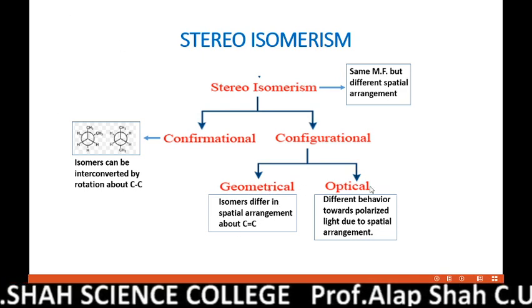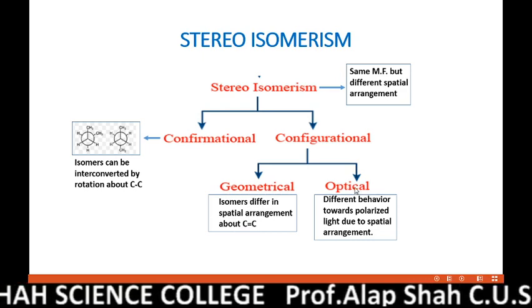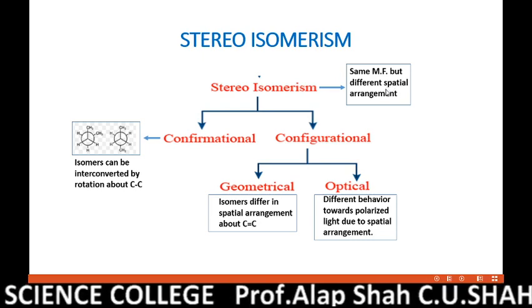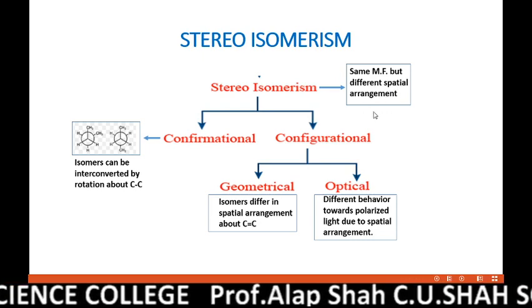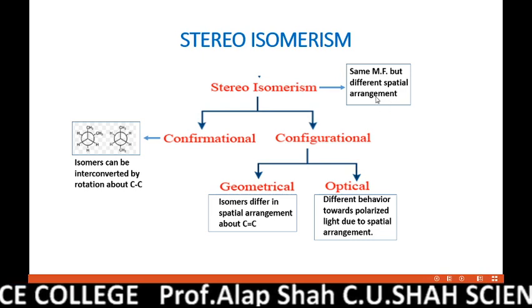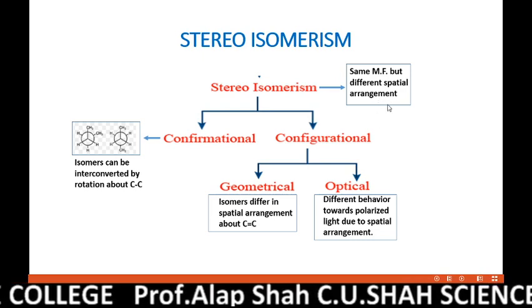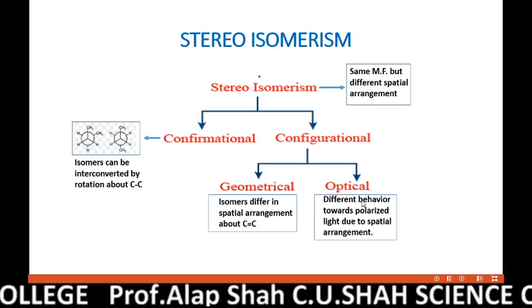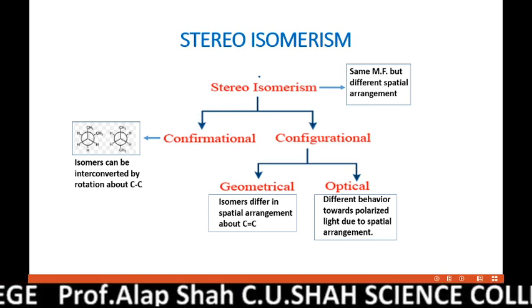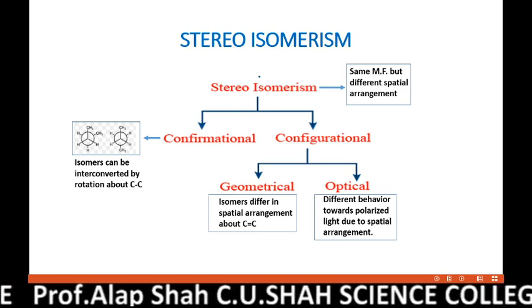And optical isomers have the same molecular formula, but because of the different spatial arrangement of groups, in other words, different arrangement of groups in space, their behavior towards plane polarized light is different.